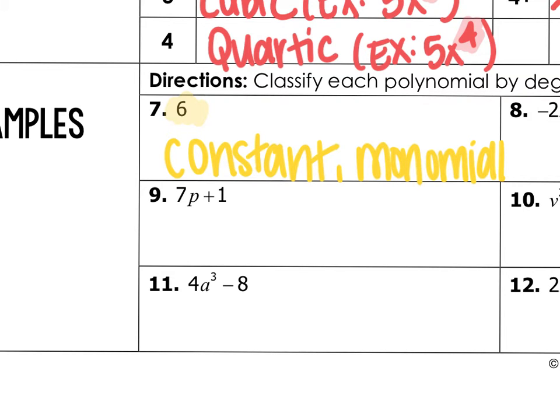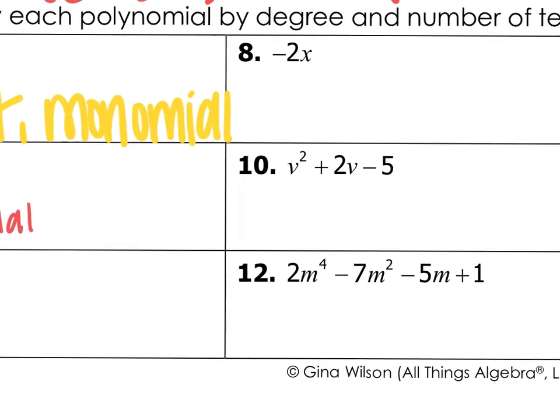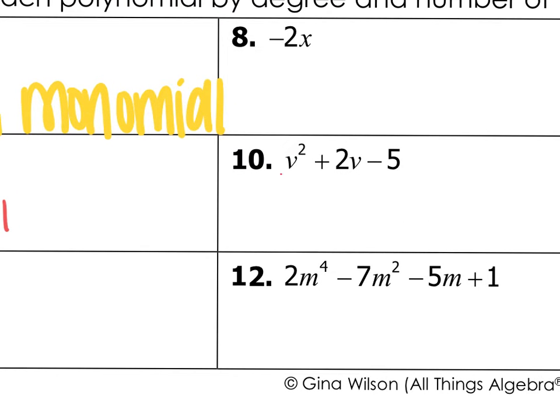For number 9, it says 7p plus 1. If we look at our exponent here, that's a p to the first power. If you look at your list, if it has a degree of 1, it makes it linear. And since there's 2 terms here, 1, 2, 2 terms means it's a binomial. All right, with number 10, I have v squared plus 2v minus 5.